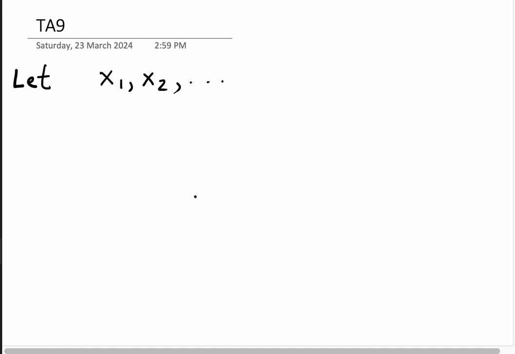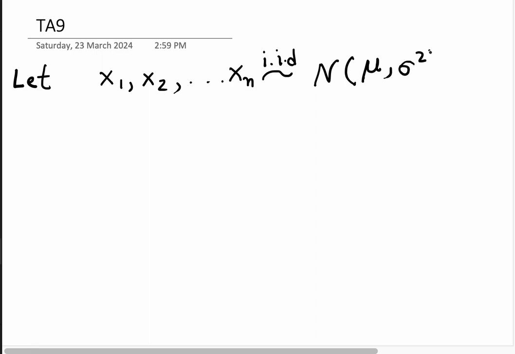So let x1, x2, ..., xn be identically distributed, independent random variables which follow a normal distribution with mean mu and standard deviation sigma.